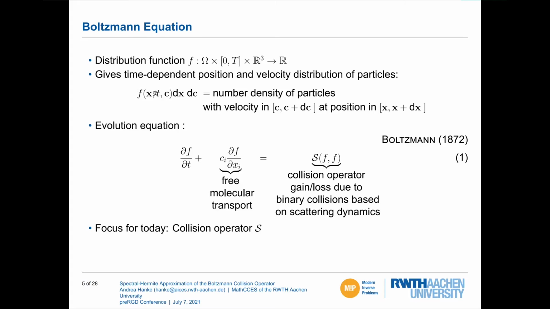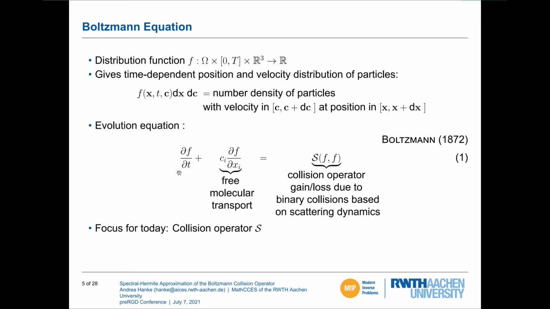So f of x, t, and c gives the number density of particles that are within a certain velocity and position frame. And then the evolution equation that describes how this distribution function changes in time and space was developed by Boltzmann already in 1872.